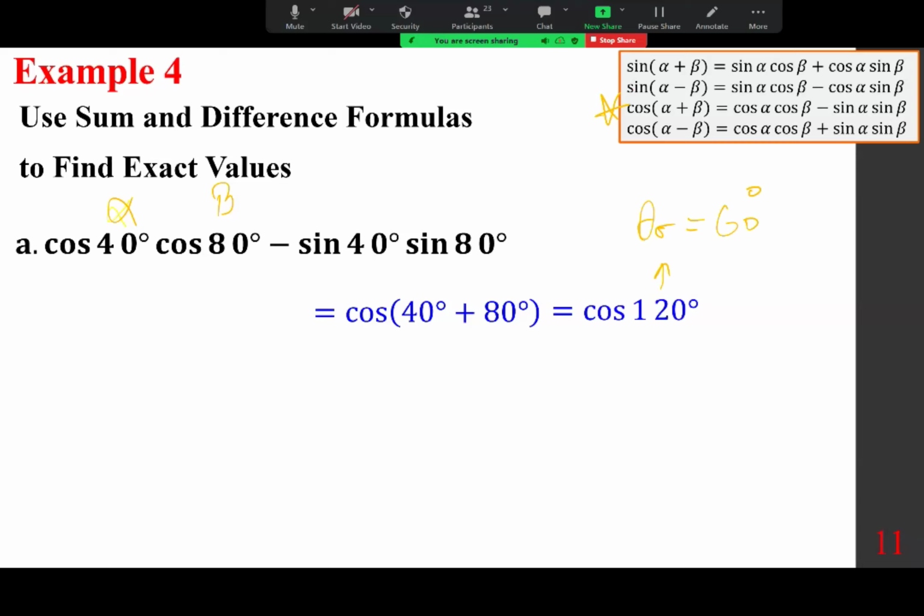And cosine of 60 degrees is positive 1/2. Let me just write down, this is in the second quadrant. Cosine is negative, so negative 1/2.